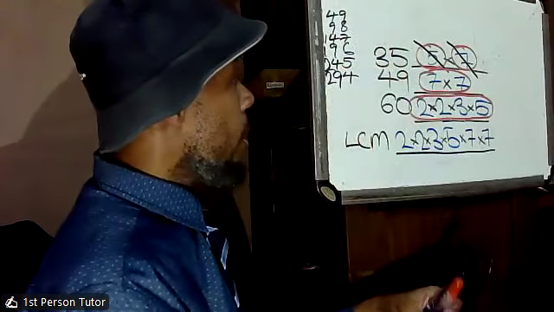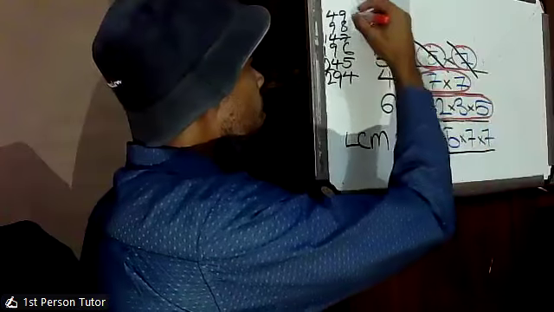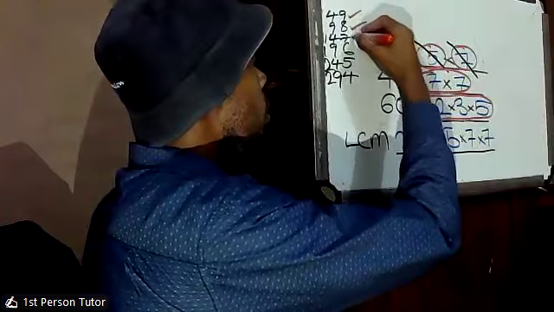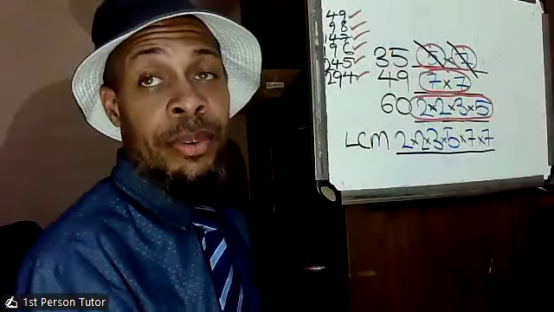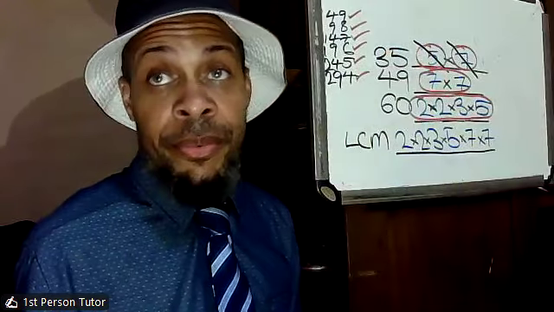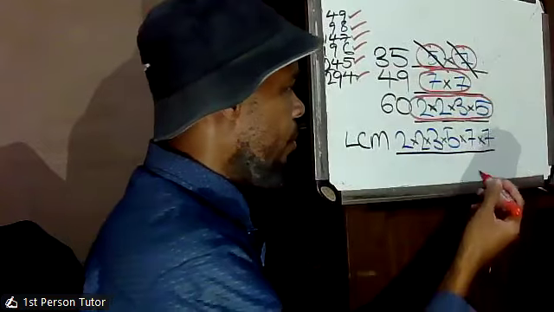So if we multiply 49 by 1, 2, 3, 4, 5, 6, we will have 294.